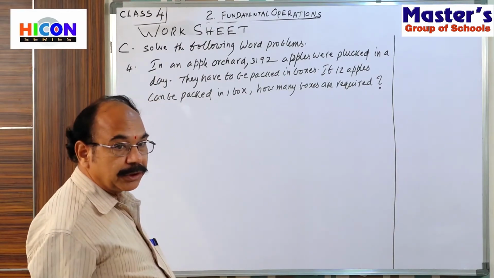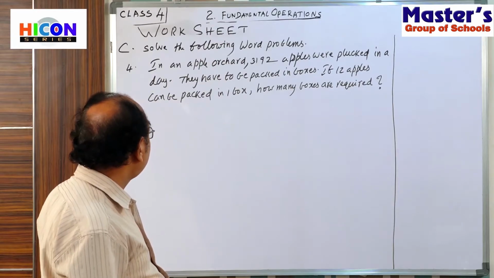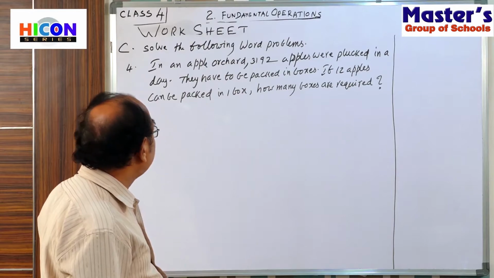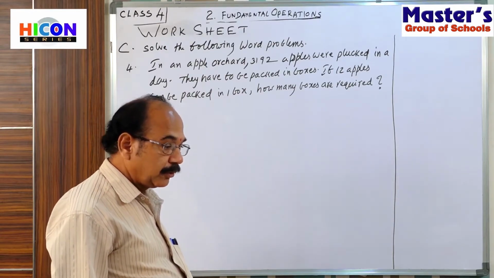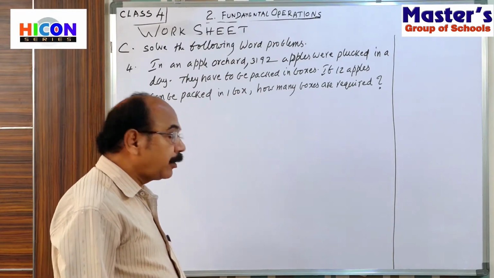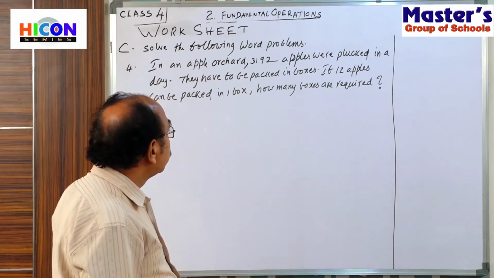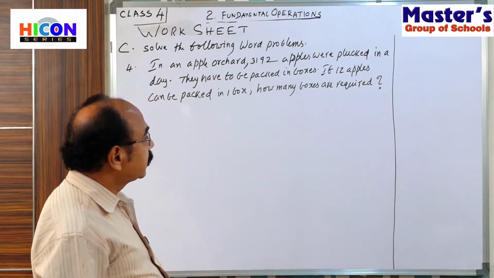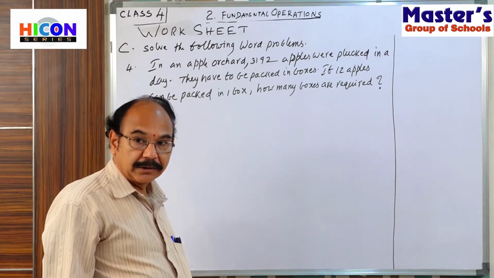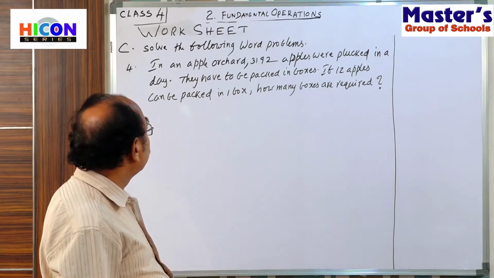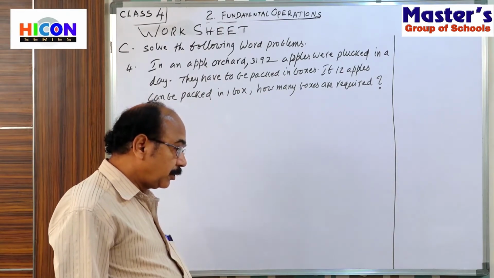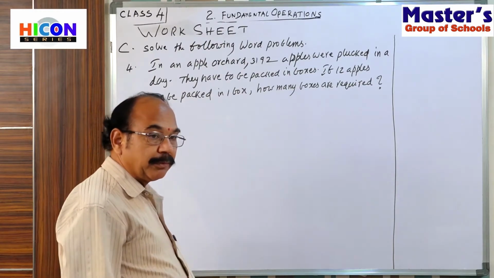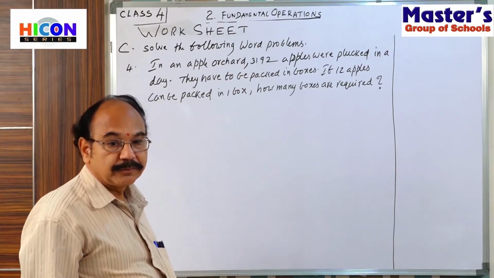The fourth question you see: in an apple orchard, 3,192 apples were plucked in a day. Okay? They have to be packed in boxes. If 12 apples can be packed in one box, how many boxes are required? That is the question. So, you read the problem. Now, what is given in the problem, you have to point out.